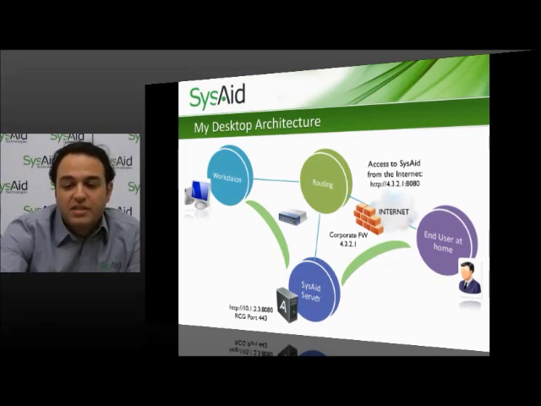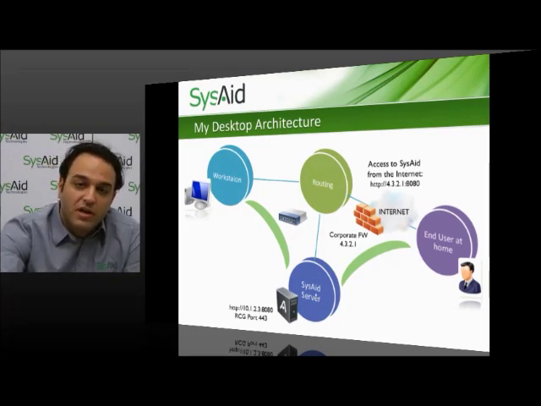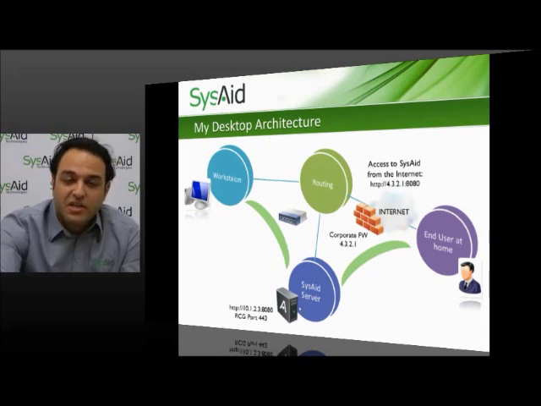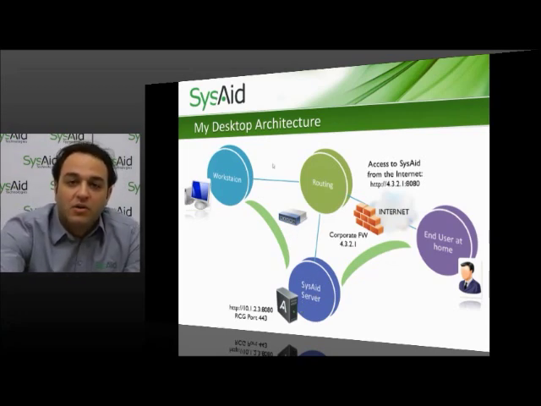At that point, the SysAid server is acting as a remote control proxy. It is basically tunneling the connection and allowing the workstation to stream the remote connection through the SysAid server.